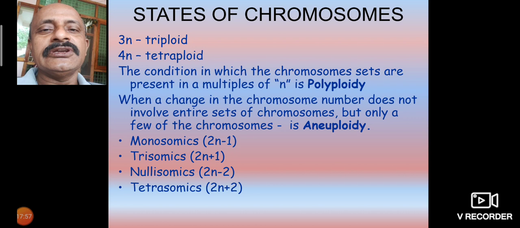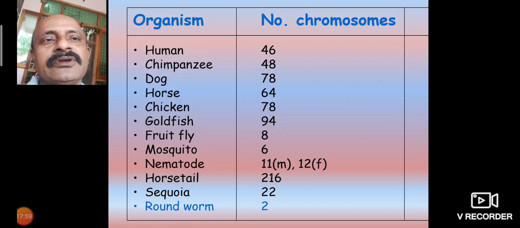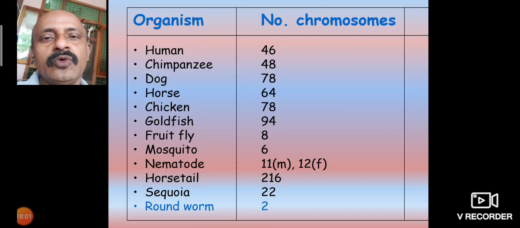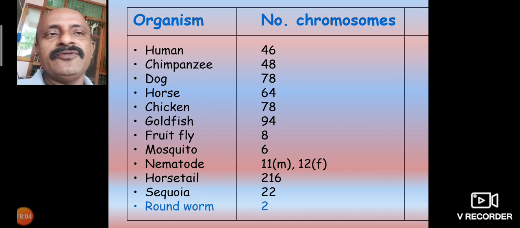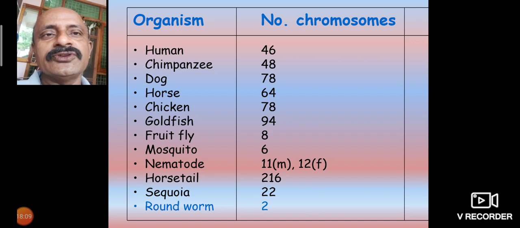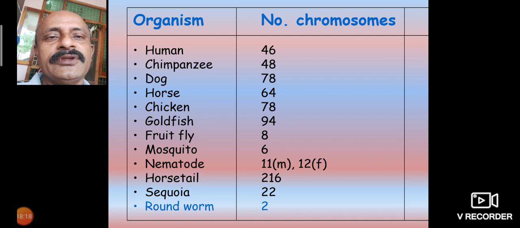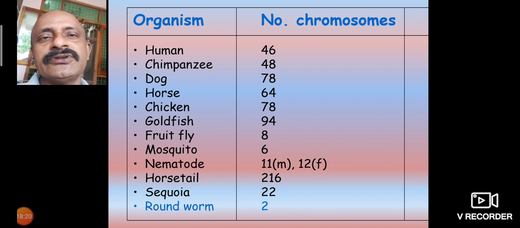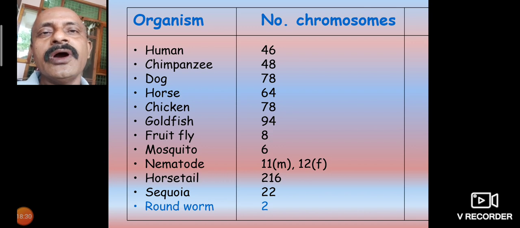So this is also called states of the chromosomes in organisms. Human beings have 46 chromosomes, we know that. Chimpanzee 48, dog 78, horse 64, chicken 78, goldfish 94, fruit fly 8, mosquito 6, nematodes 11 male, 12 female, horsetail 260, sequoia 22, roundworm 2.